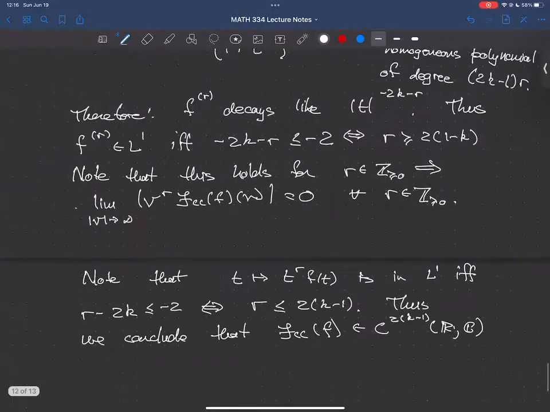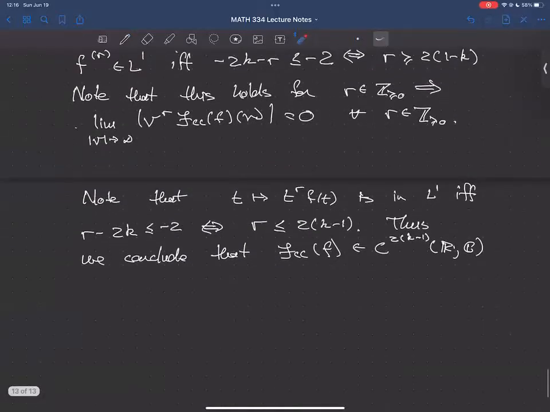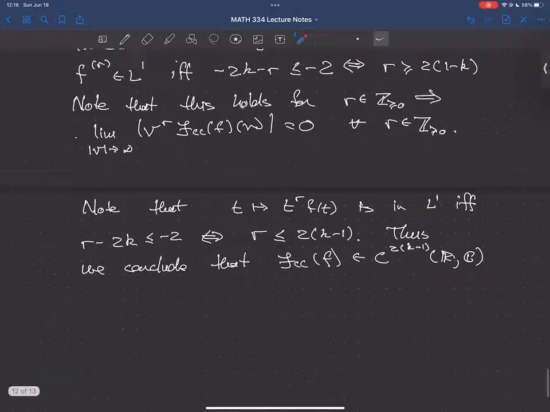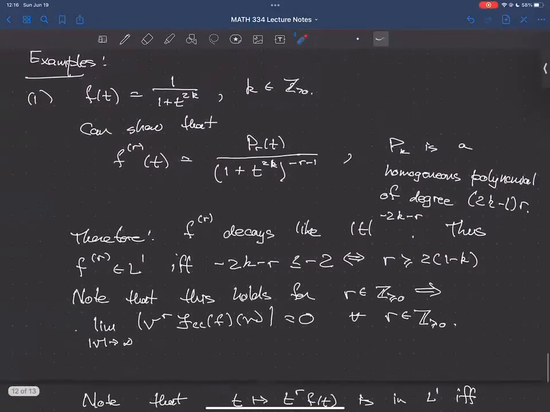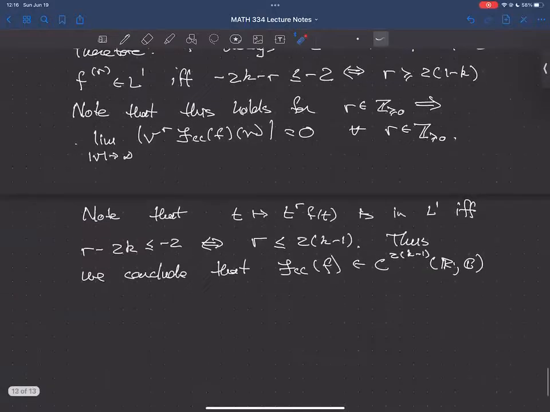And so in particular, when k is equal to 1, okay, so that'll just be 1 over t squared, then this is just C0. Right? And so it gets more regular as k gets larger, because as k gets larger, this thing decays faster, and so the worst case scenario is just the C0 case when k is equal to 1, all right?